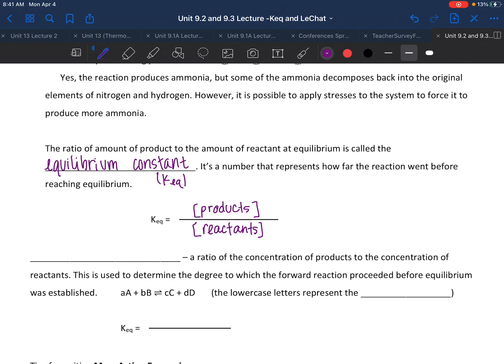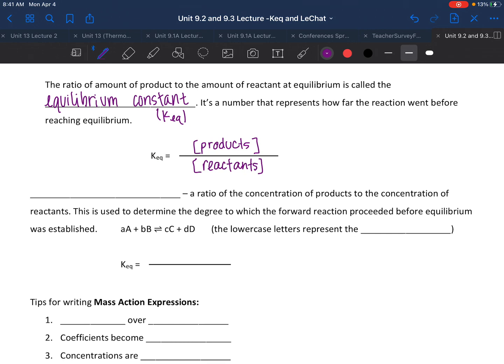And so we have a more specific way to represent this, and it gets its own fancy term. We're going to define the mass action expression.